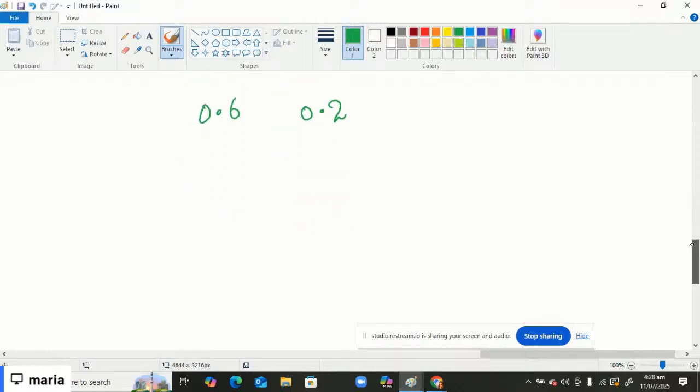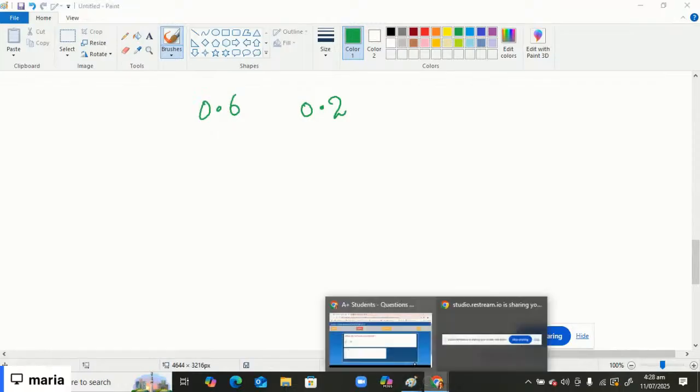Which one is greater? Everyone tell me. Very good. 0.6 is greater as compared to 0.2.